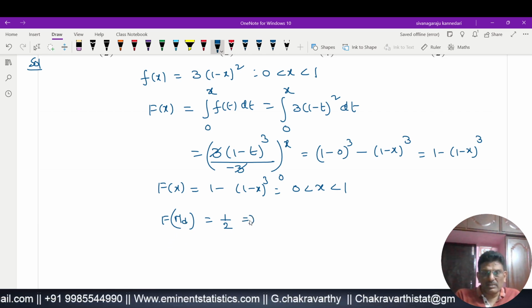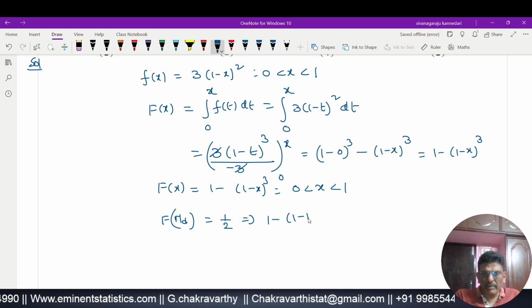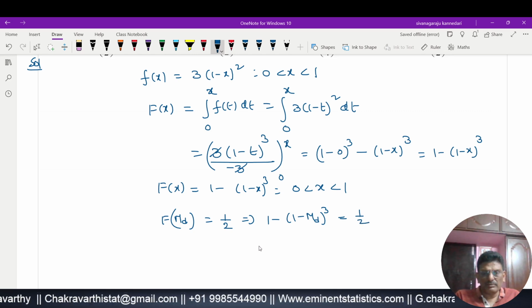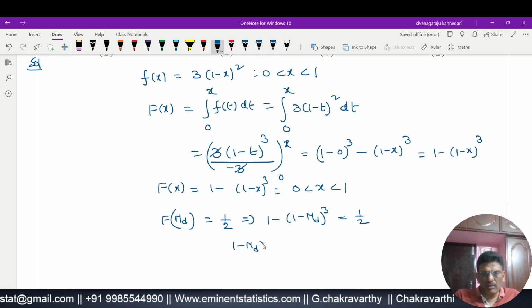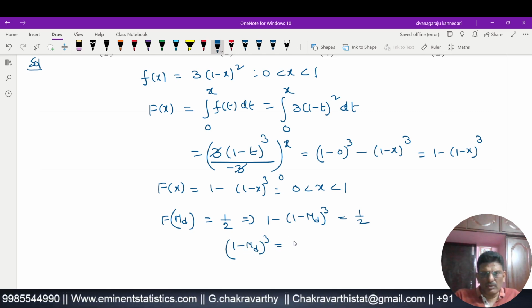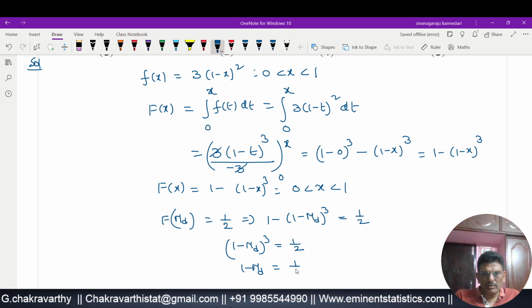In this case, substitute: 1 minus (1 minus median) whole cube is equal to 1 by 2. So (1 minus MD) whole cube is equal to 1 by 2. 1 minus MD is equal to (1 by 2) whole power 1 by 3.